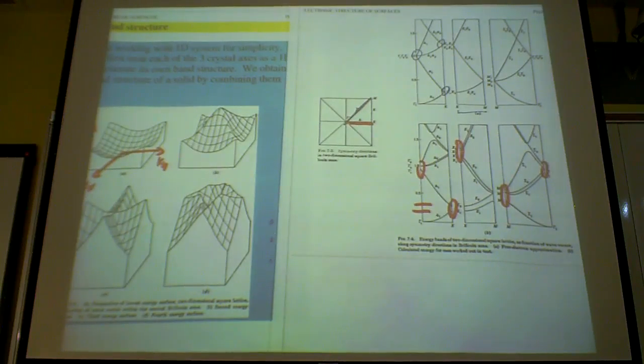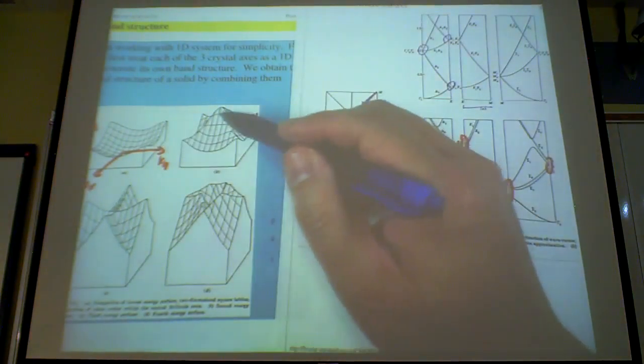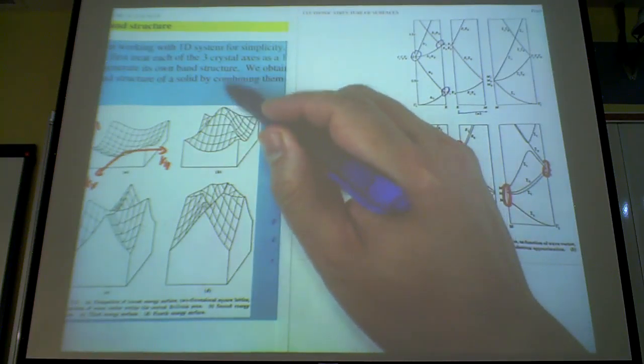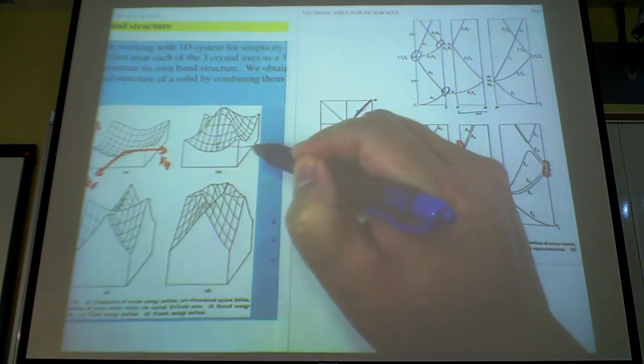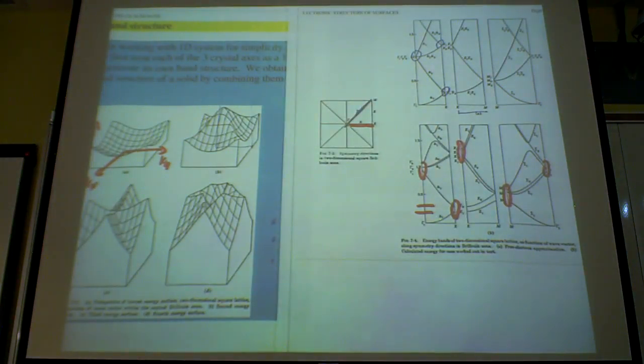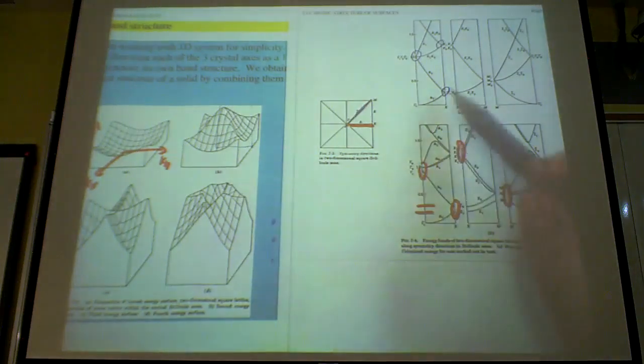Then once I define my K direction, I can then slice it. I can slice my Brillouin zone on my band structure, make a slice like this, right? Let's say make a slice like this, a cross section across, and then take out my energy level, and it looks like this.